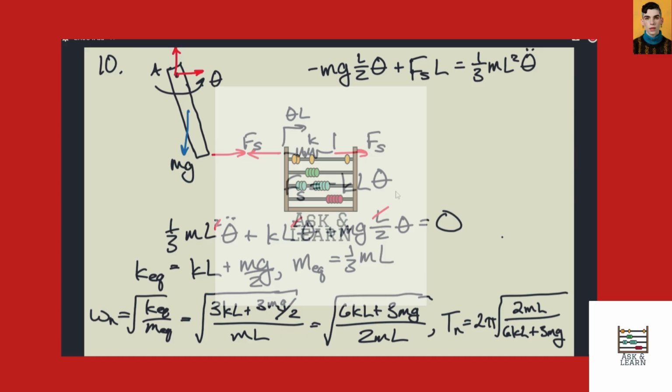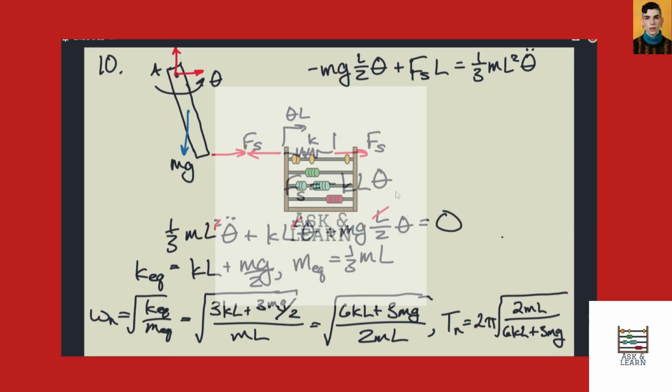And so the natural frequency is the square root of the equivalent stiffness divided by the equivalent mass. We can substitute in, do some rearranging, and we get the square root of (6KL plus 3mg) over 2mL as the natural frequency. And the natural period is just 2 pi over this, so that is given by this expression here.